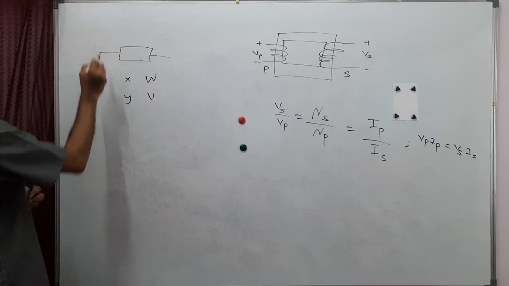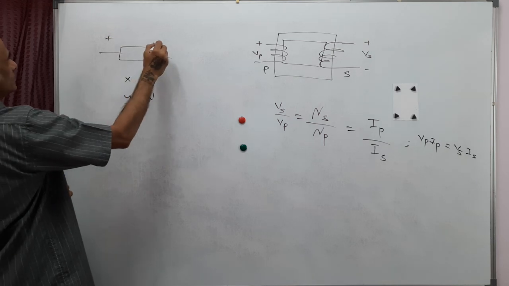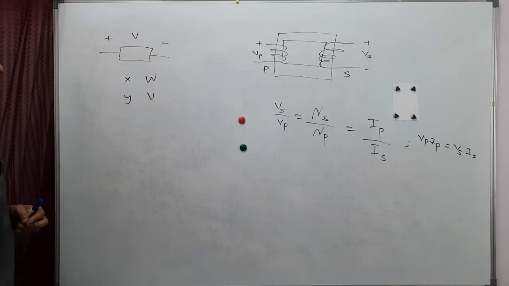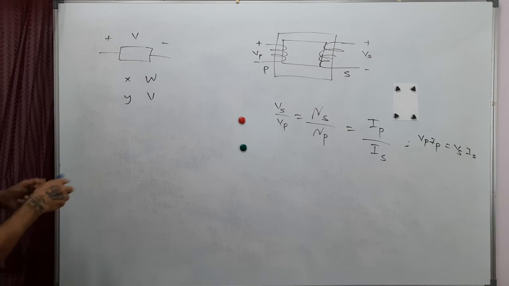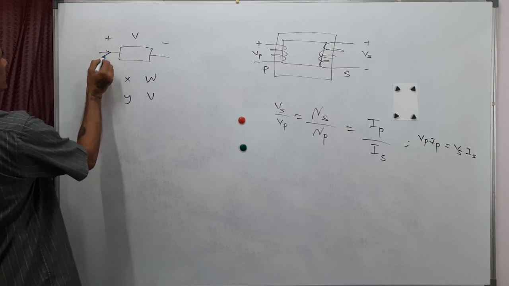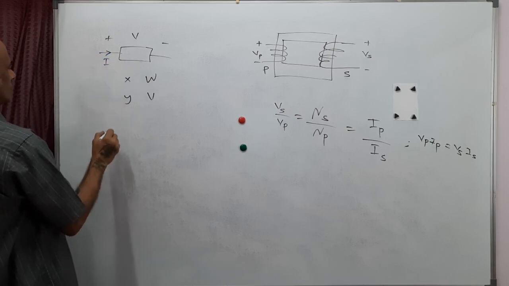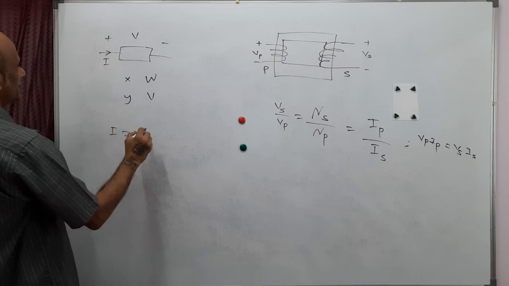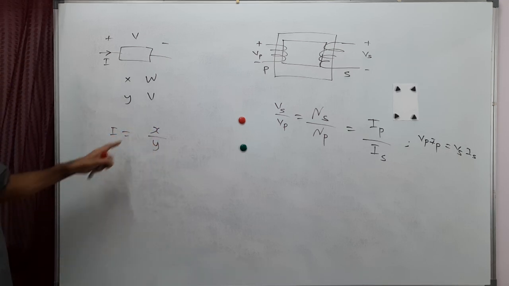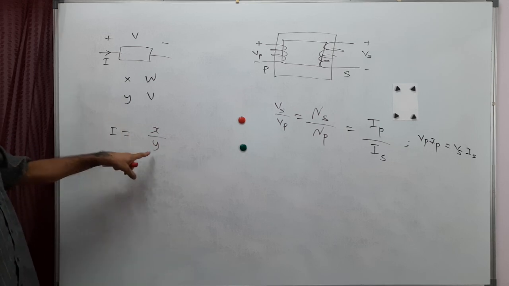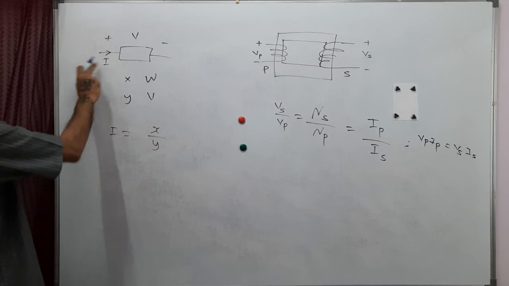The meaning of this is, if I apply a voltage of Y across the terminals, then it will consume a power of X watts. So from this, I can say that the current that will flow here, I, will be the power rating X by the voltage rating Y, because power is V into I.